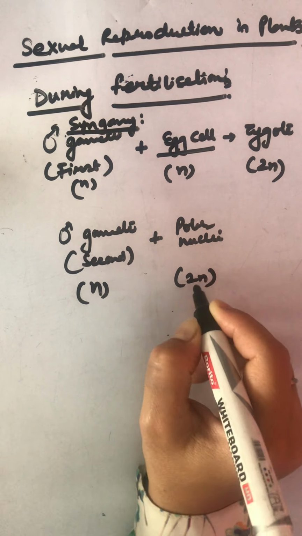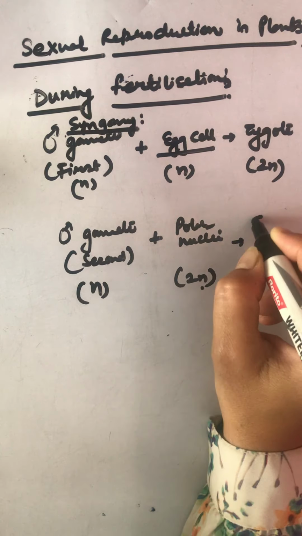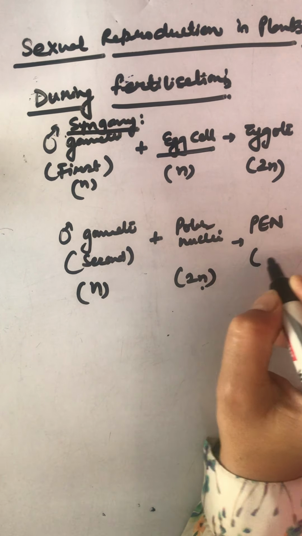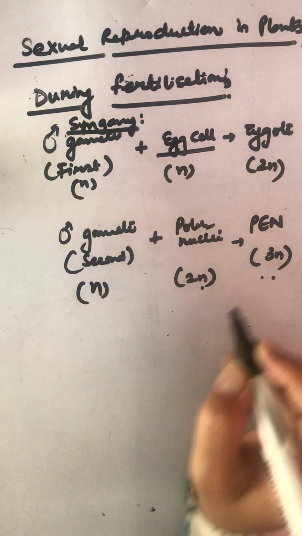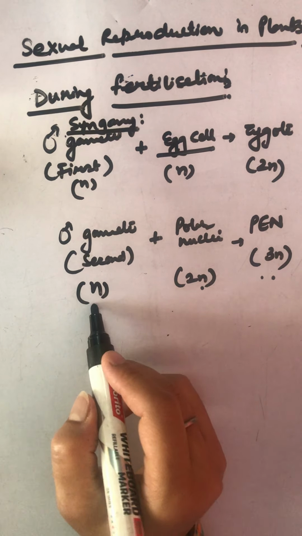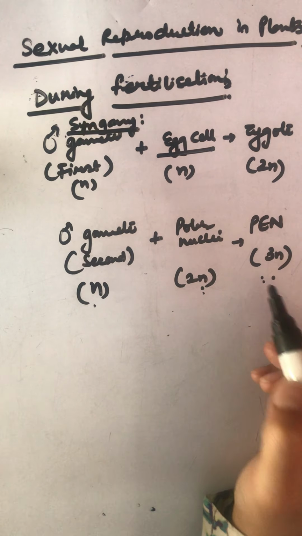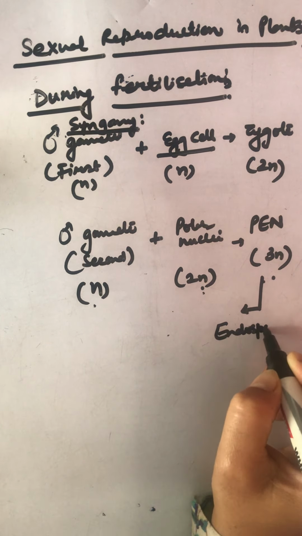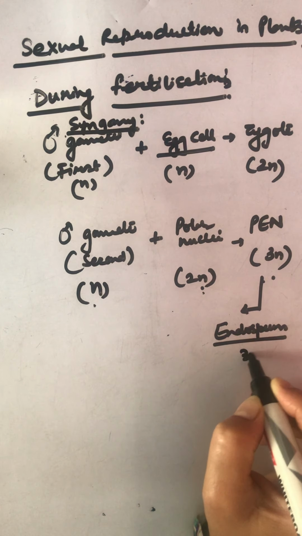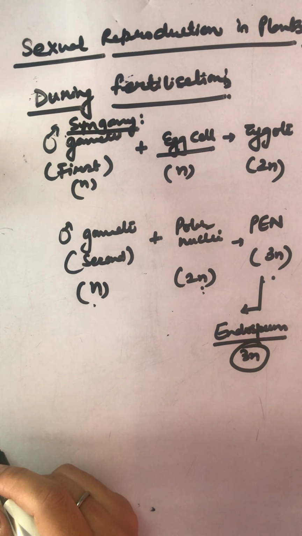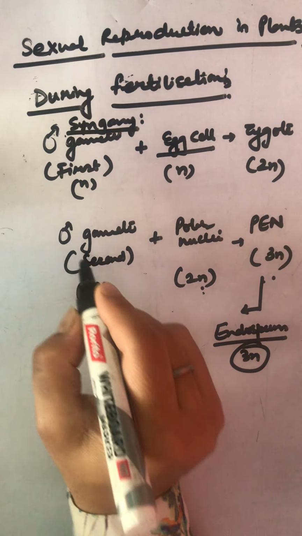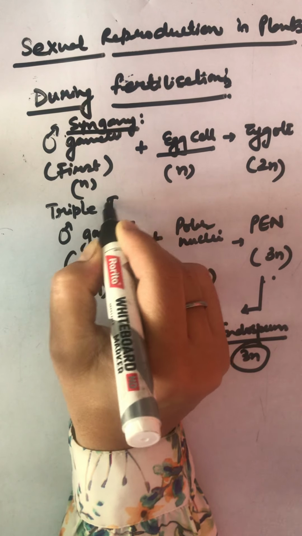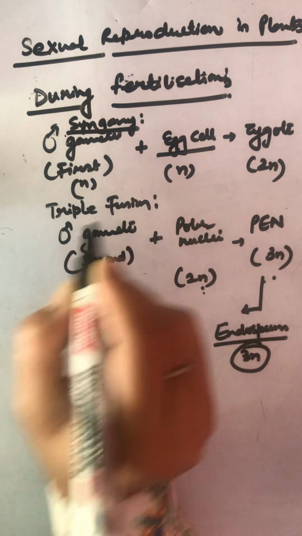Ploidy 2N, because there are two nuclei, it will give rise to, first of all, PEN, primary endosperm nucleus, and the number goes to 3N, because N plus 2N gives 3N, and this will give rise to endosperm with the ploidy 3N. Alright, and this fusion where three nuclei are involved, we call it triple fusion.